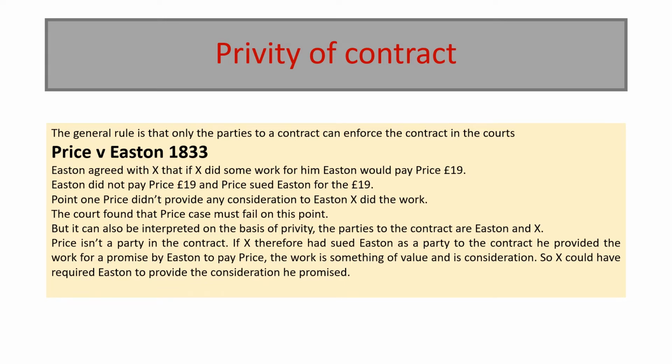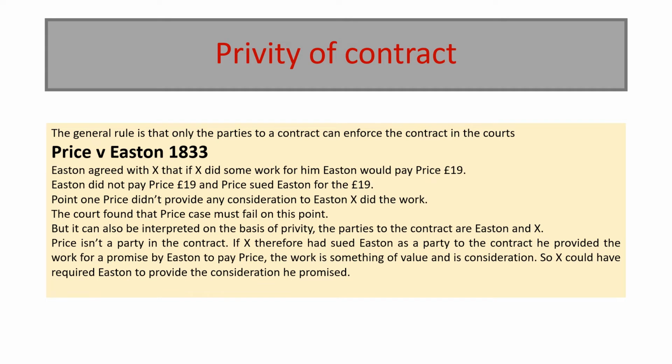Let's look at this case, Price and Easton, 1833. This involved doing some work. Easton reached an agreement with X that if X did some work for him, Easton would pay Price £19.